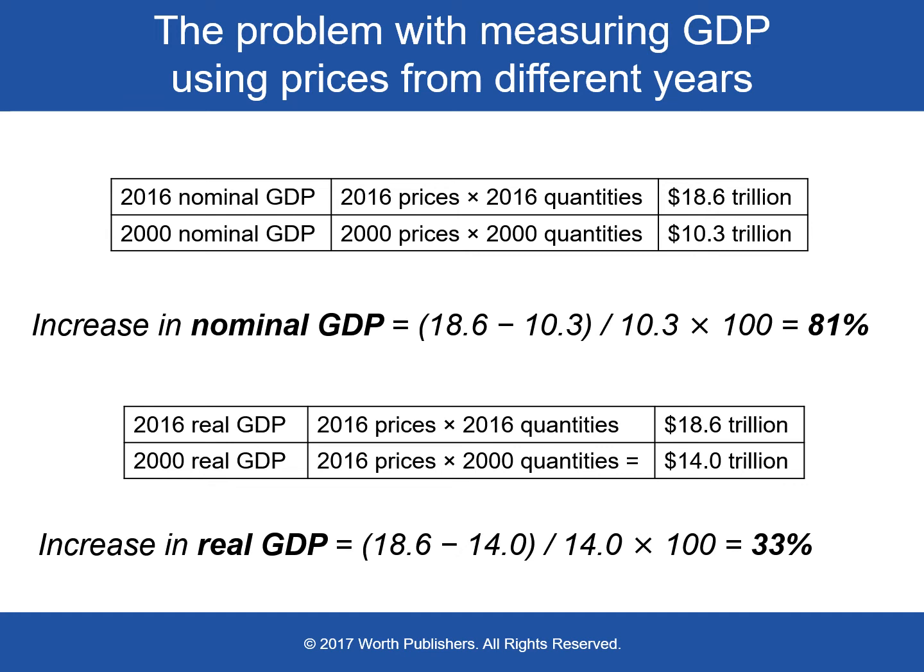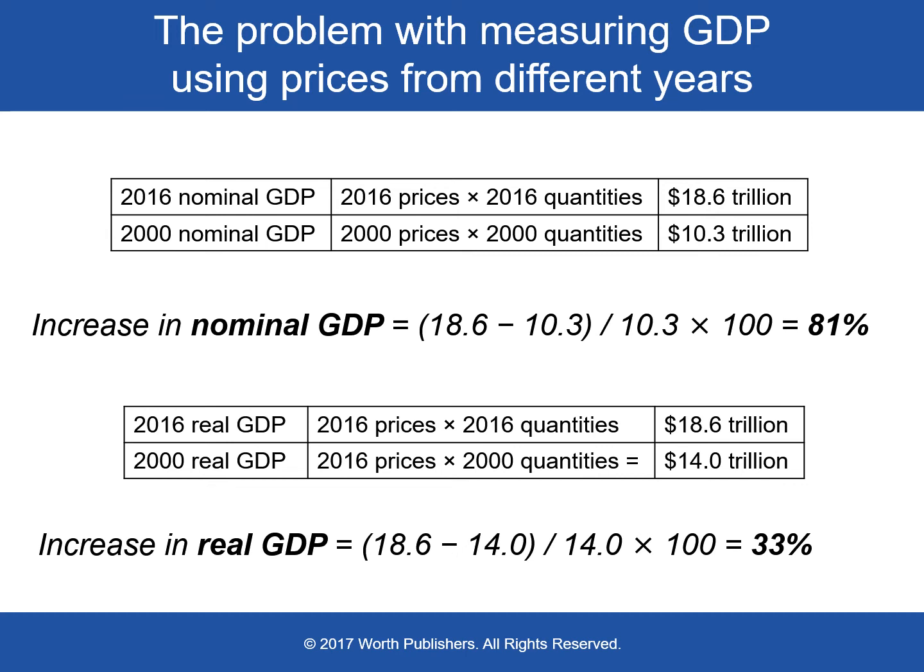And the obvious way to do it is pick one year and use those prices for both GDP numbers. So you could take 2016 prices, of course you apply those to production in 2016, but also apply the 2016 prices to the production in the year 2000. And that way you're comparing apples with apples.